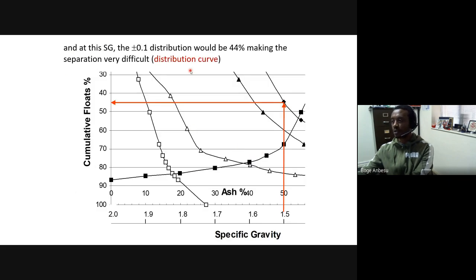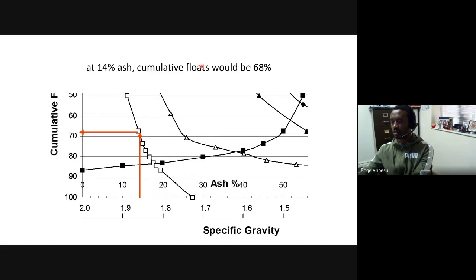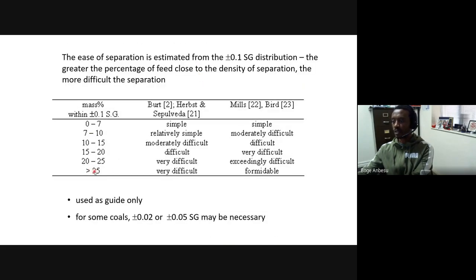And from the distribution curve, what you get is difficulty of separating. For example, if you were to use 1.5, the distribution curve tells you that the corresponding cumulative float is 44%. And if you go back to this table here, at 44%, you're looking at separation becoming really, really difficult.